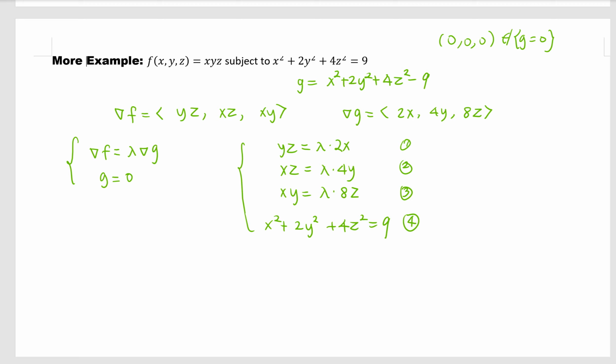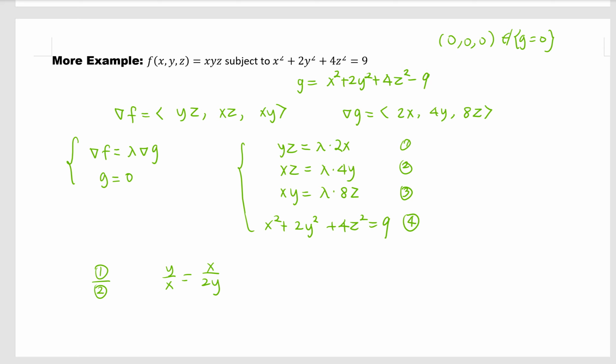Let's first get rid of lambda. I use equation 1 over equation 2. Then on the left hand side z cancels, we get y over x, lambda cancels, so x over 2y. So far so good.